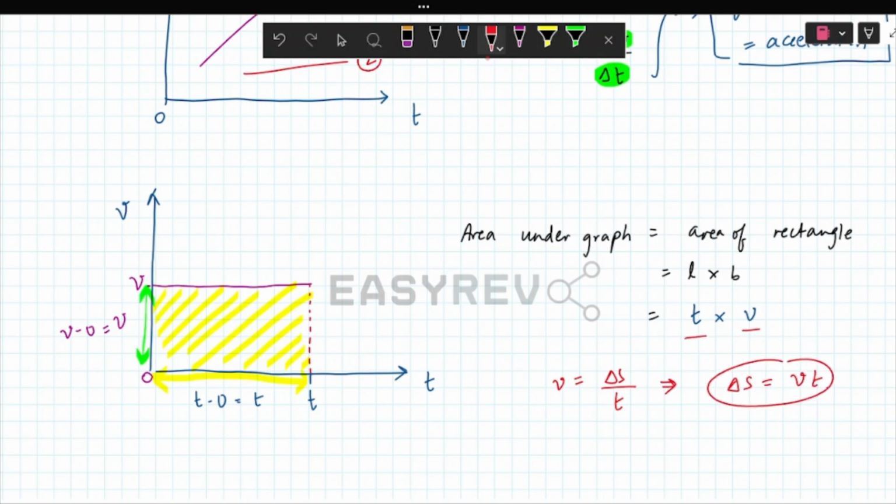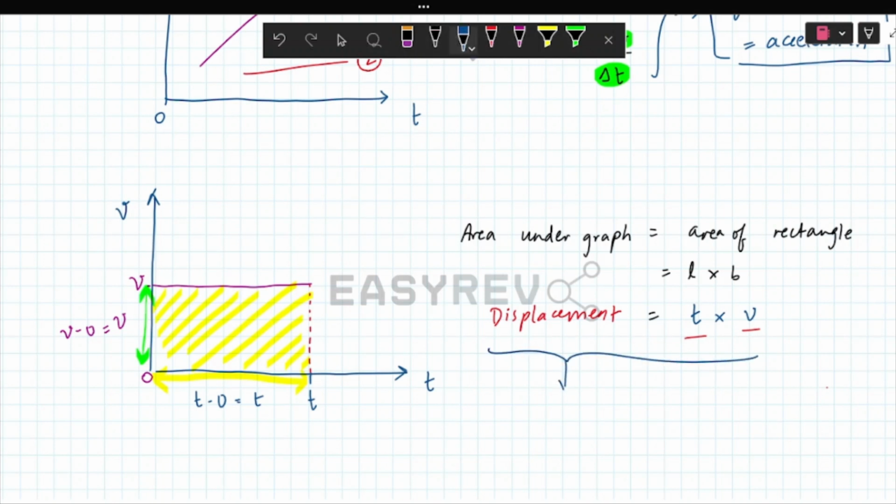So v times t is actually just a measure of displacement. So remarkably, we found yet another feature for a velocity versus time graph, that is its area underneath that specific graph. In short, what we realize over here is that the area underneath the graph on a velocity time graph is equal to the displacement covered by the moving object.